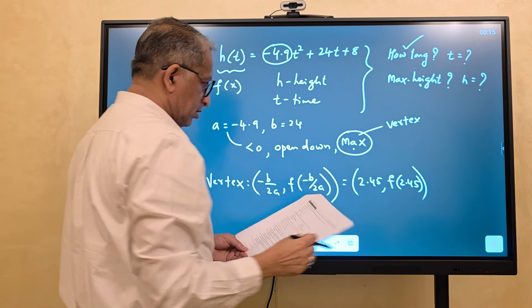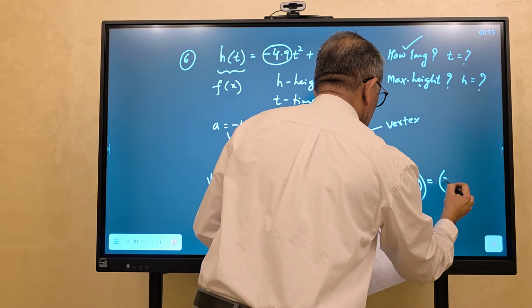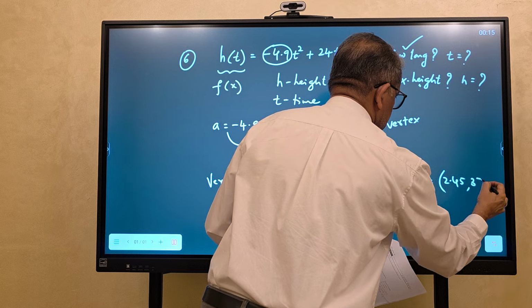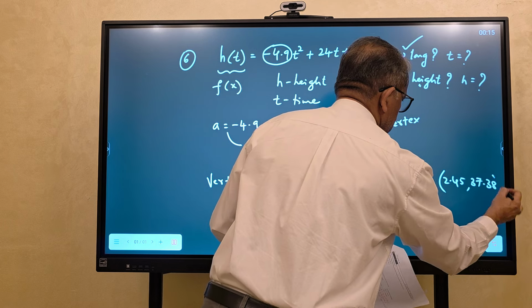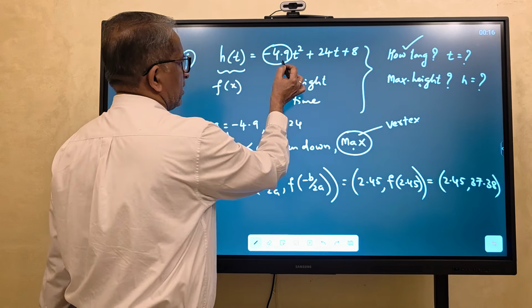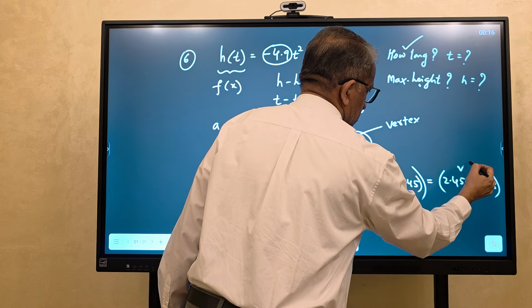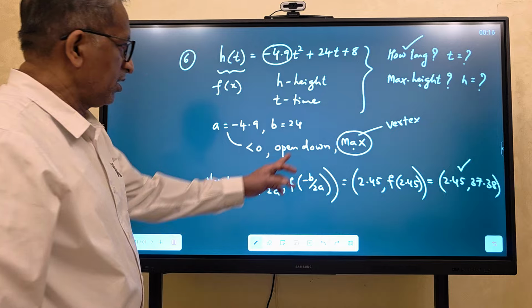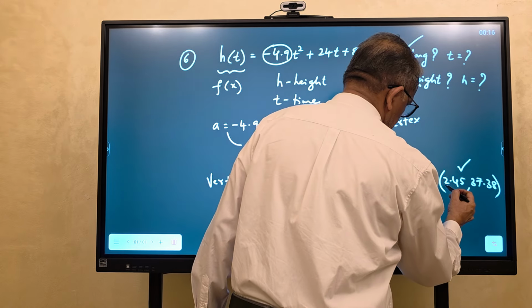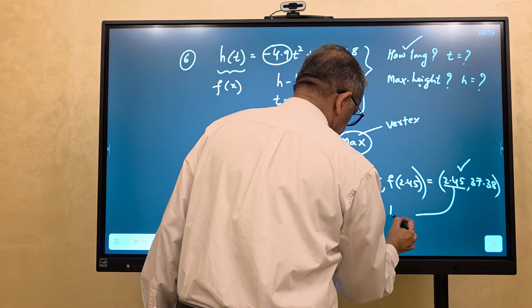You will get 37.38. You put t equal to 2.45 here, you get this. So this is what? The vertex, which is the maximum. This is the time.